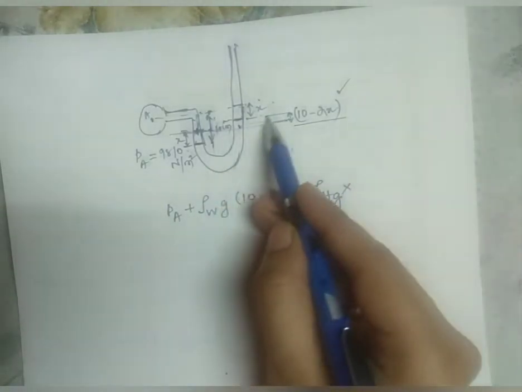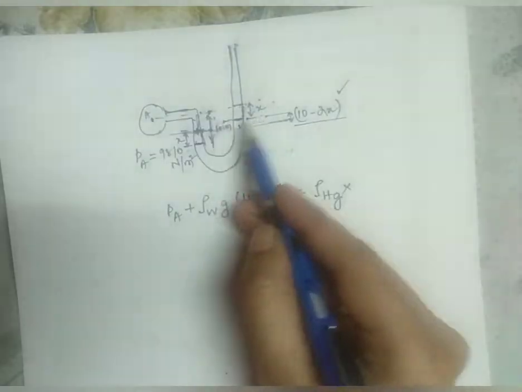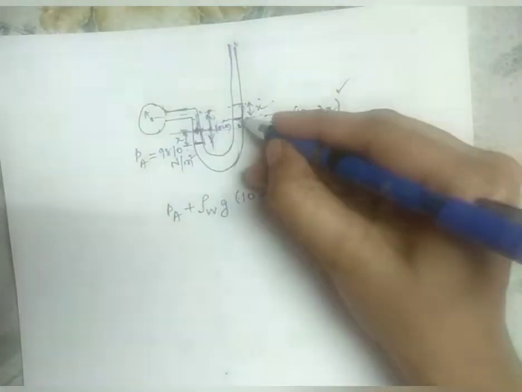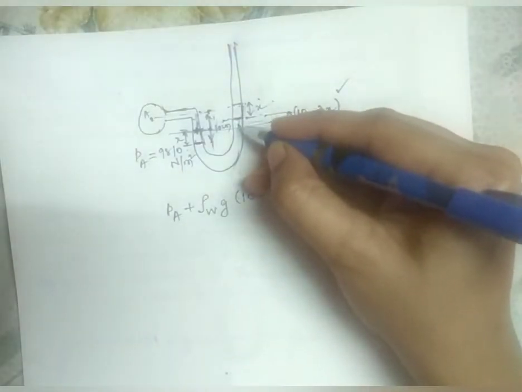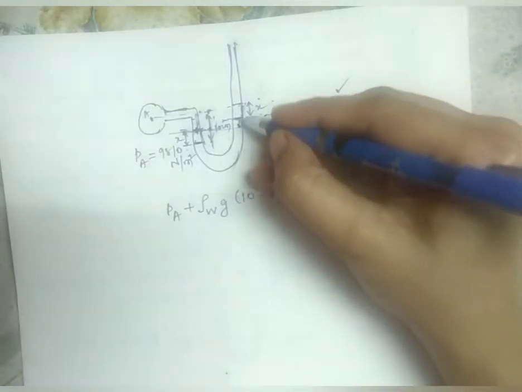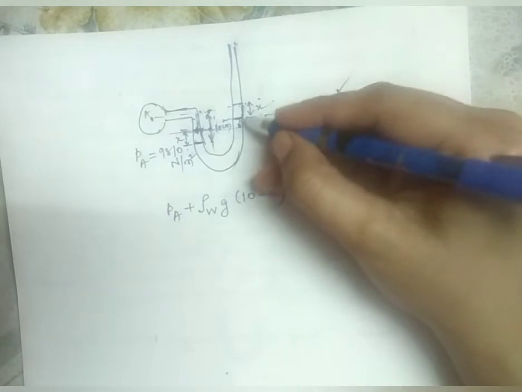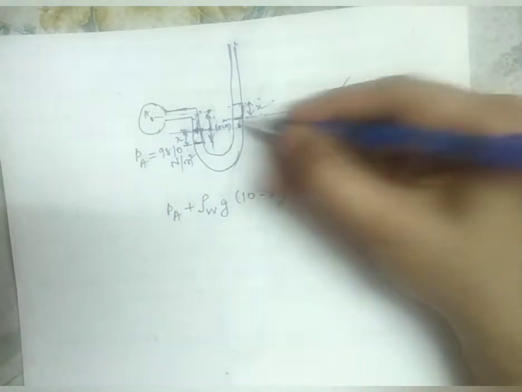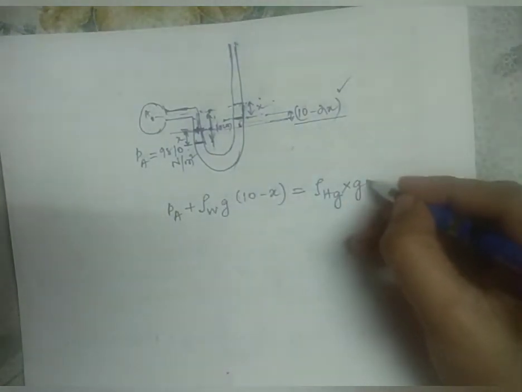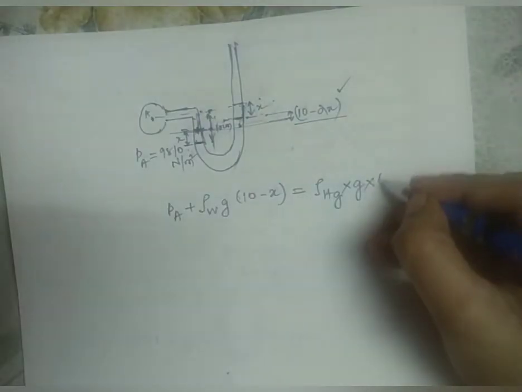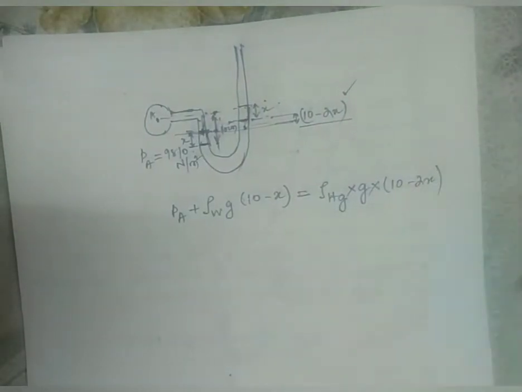This is the new level. What will be the pressure due to this liquid column? That is rho Hg into g into 10 minus 2x.